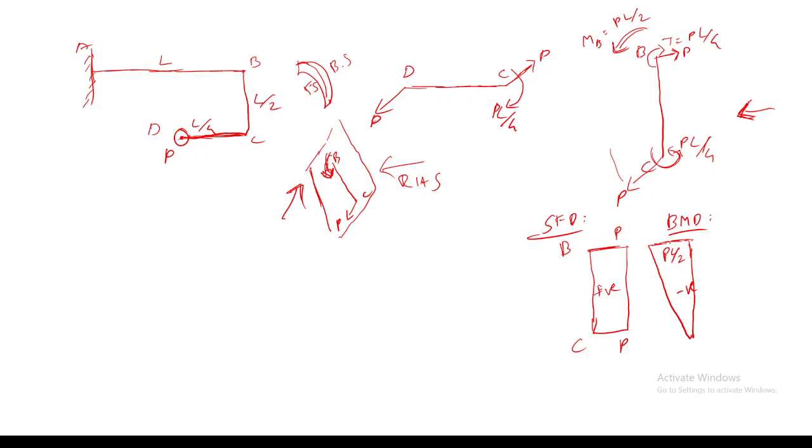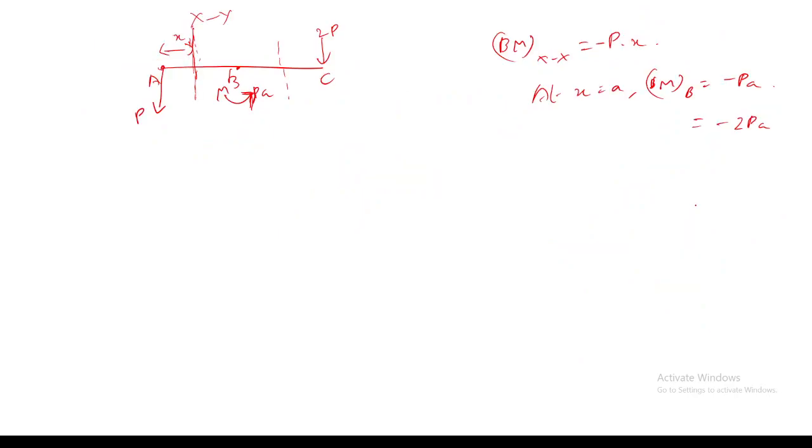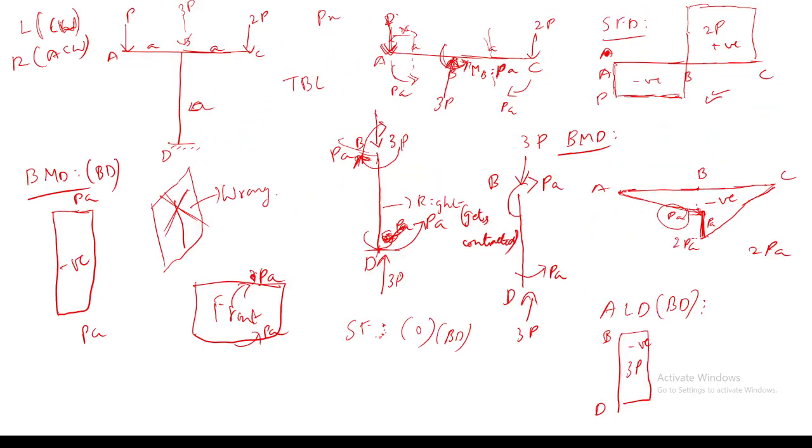So due to this, the bending moment diagram will be negative. Is it clear or not? Or maybe you can look at the previous videos and check the difference between all those things. Here you can see I have said the right surface gets contracted, based on viewing from the front. Is it clear or not?